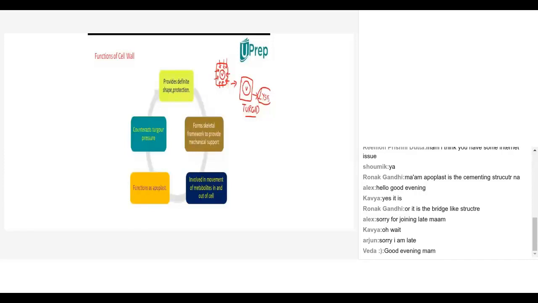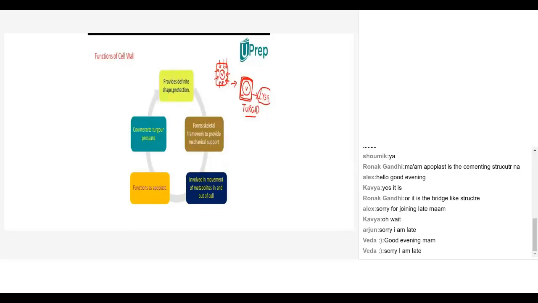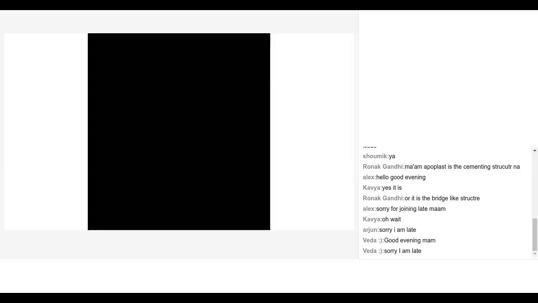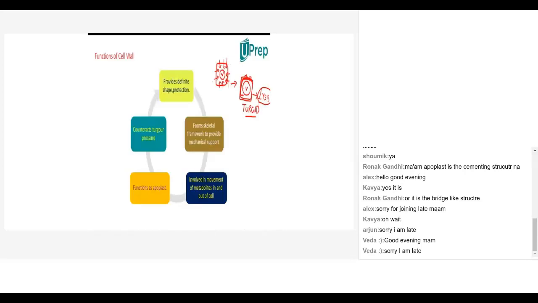So if you assume that this inner one is the plasma membrane and the outer one is the cell wall, when the vacuole size increases, the plasma membrane applies some pressure on the cell wall, like this. Because of that, the turgidity of the cell can be balanced. This is how a plant cell manages when environmental conditions change.